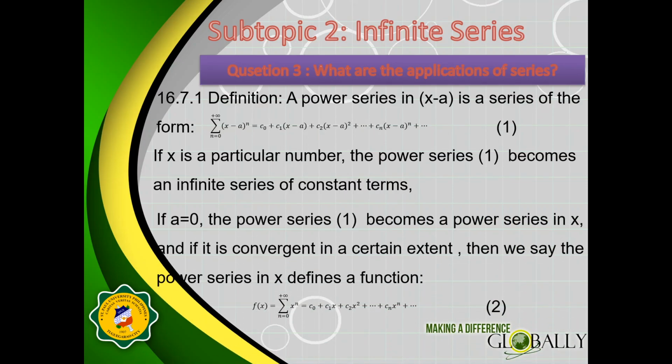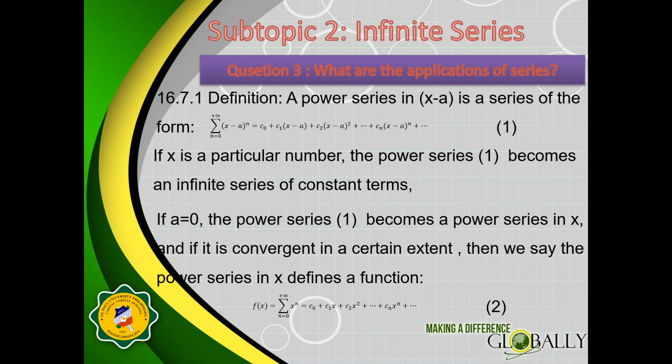Here's a definition. 16.7.1, a power series in x subtract a is a series of the form like Formula 1.